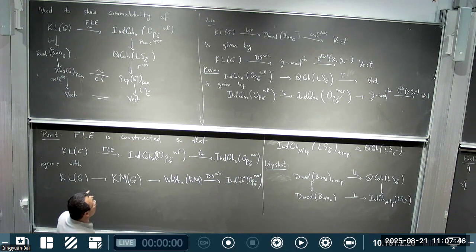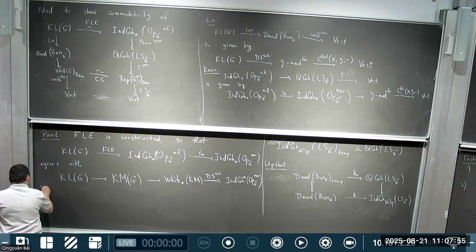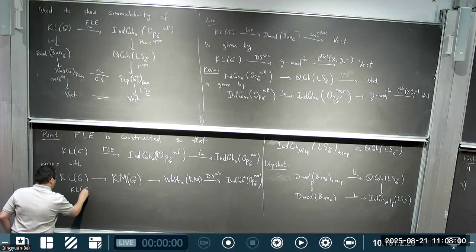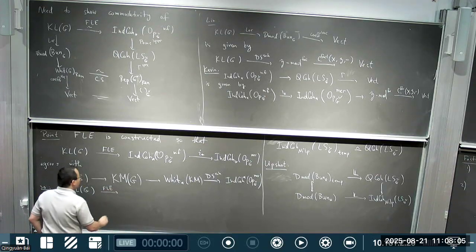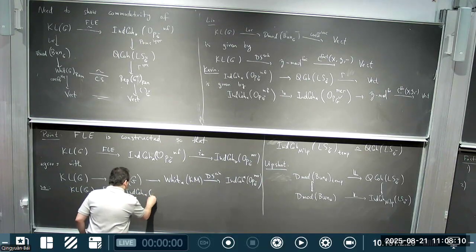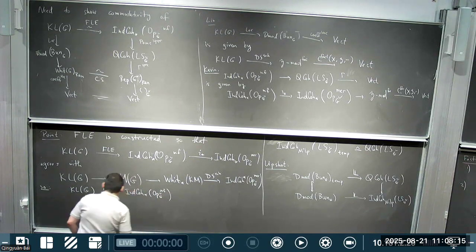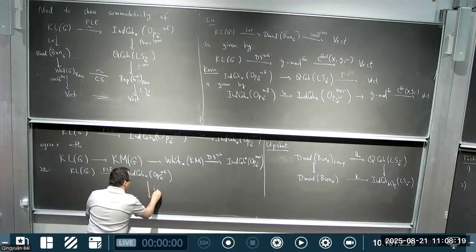This exactly implies that when you go to FLE, you have FLE identifying with this. Over here, you have the pushforward functor to meromorphic opers.